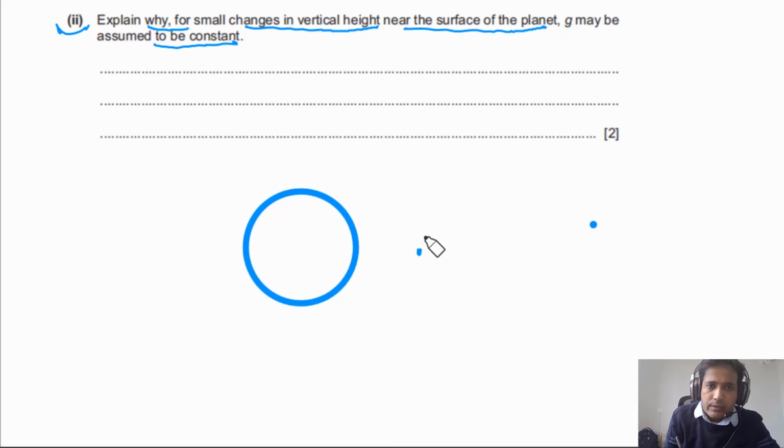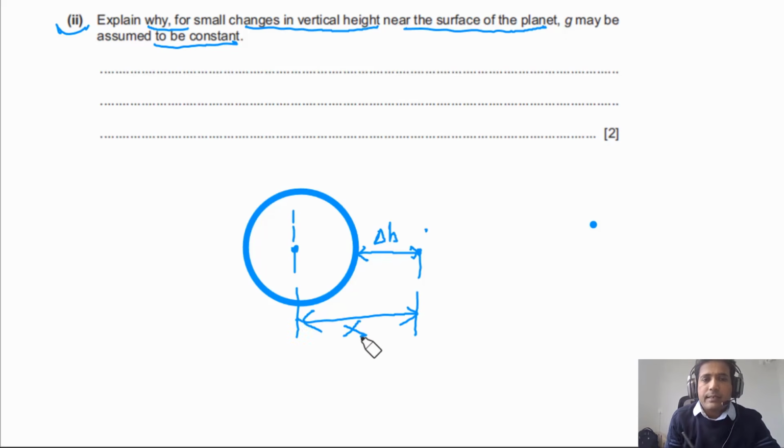Its distance from the surface, let's say, is delta h, and its distance from the center of the planet is x. We can also label the radius of the planet, R.